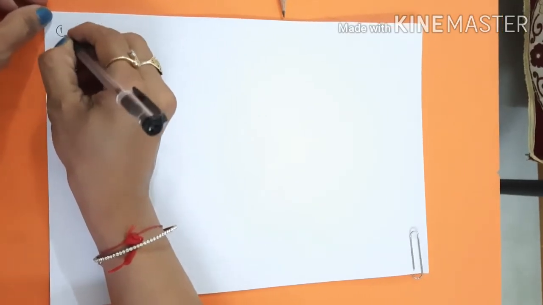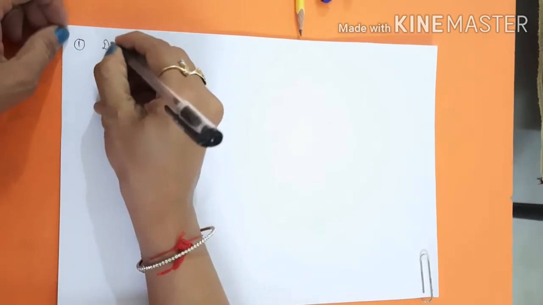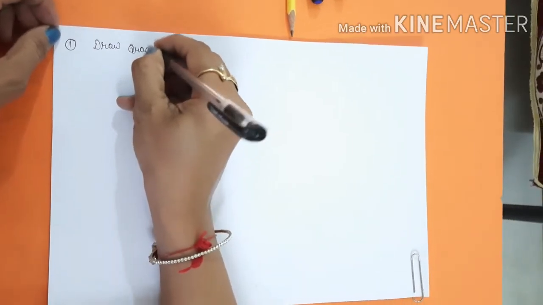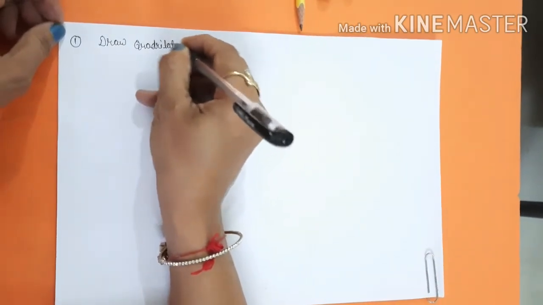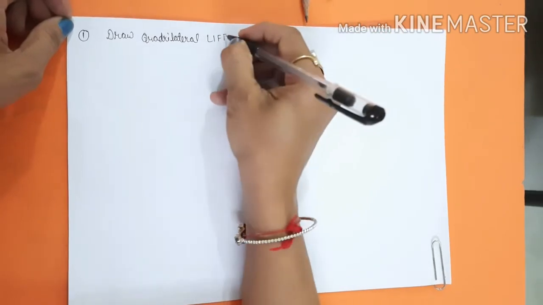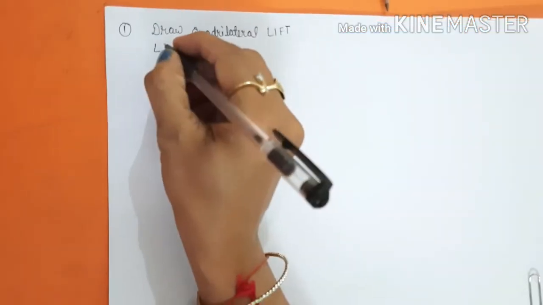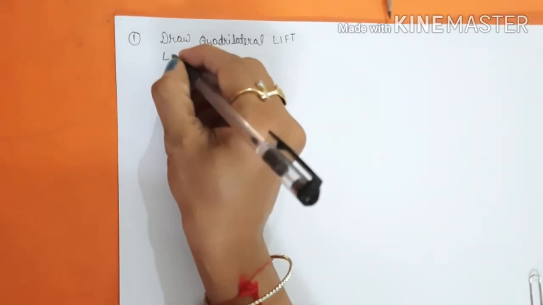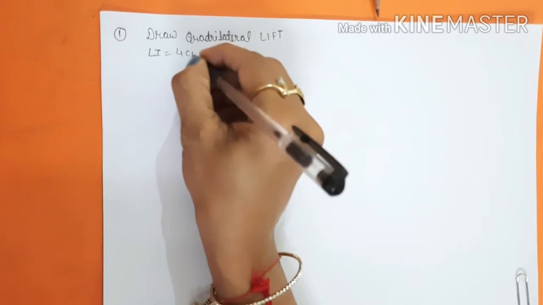So in question number 1, we have to draw a quadrilateral LIFT. This quadrilateral we have to construct. Sides are given. LI is equal to 4 centimeter.